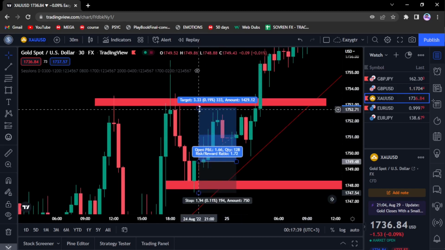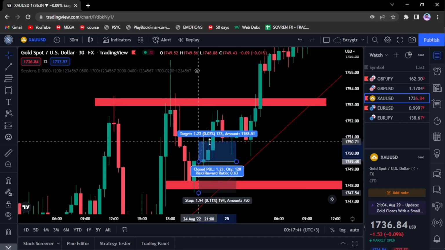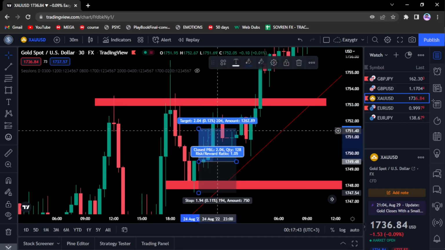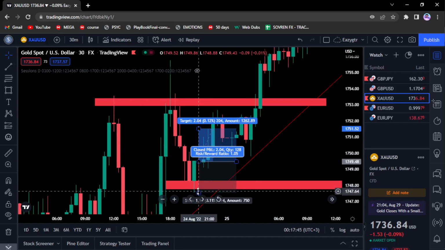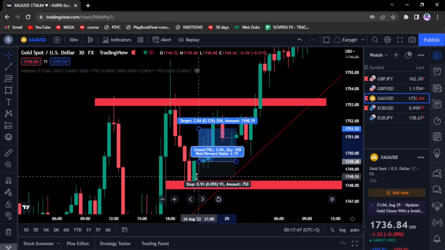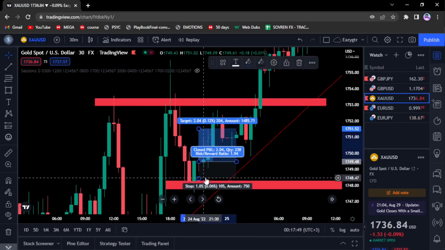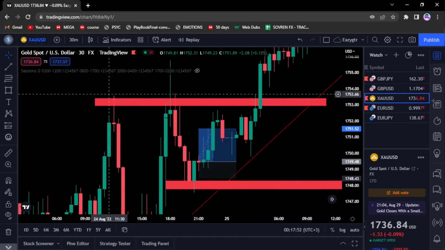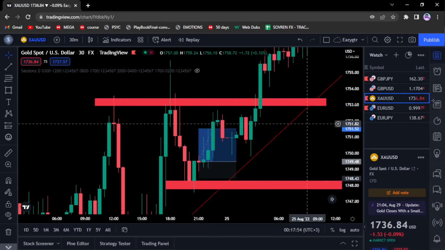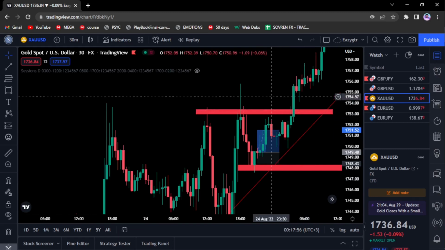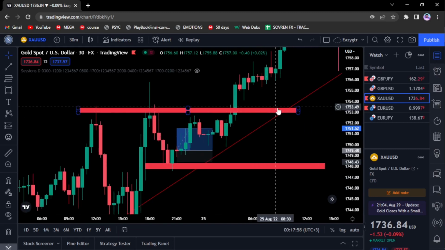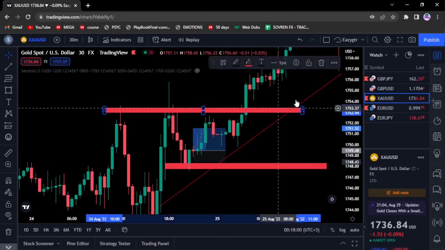If you want, you can always take your 20 pips and get out of the market. Make sure your stop loss is at least a 1 to 2, so have your stop loss at 10 pips. Perfect.